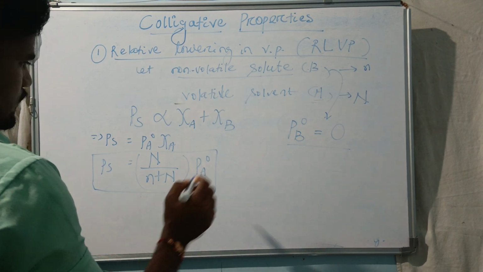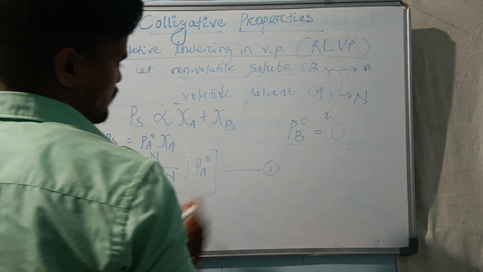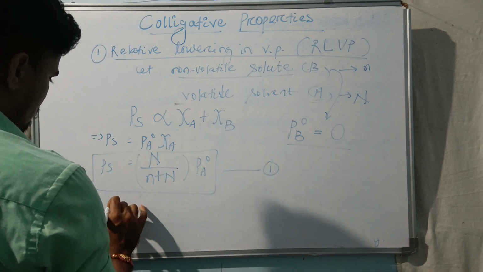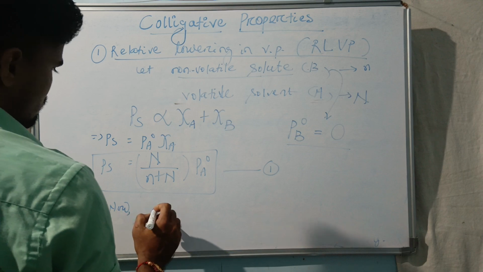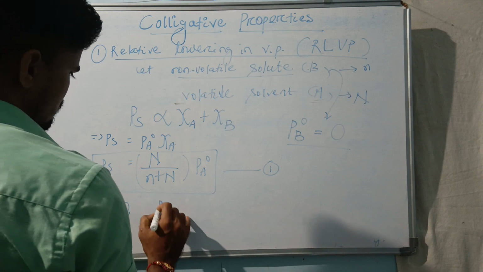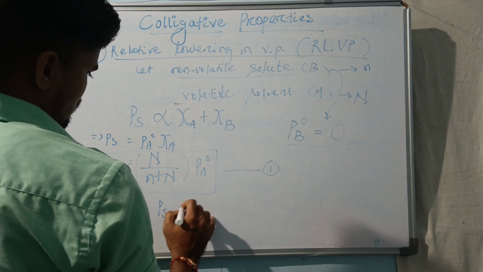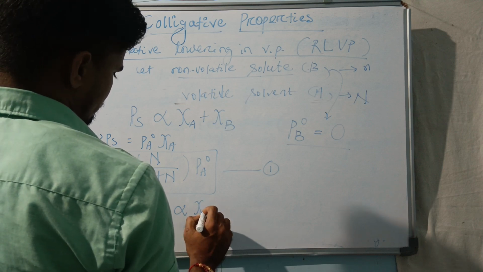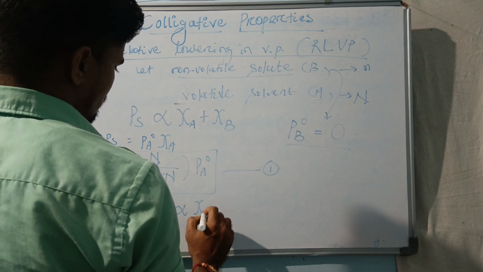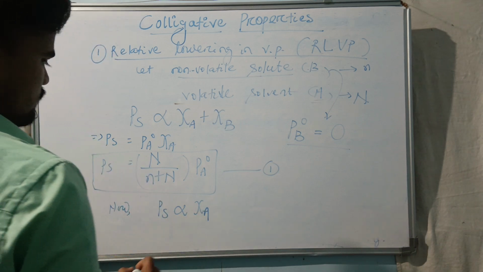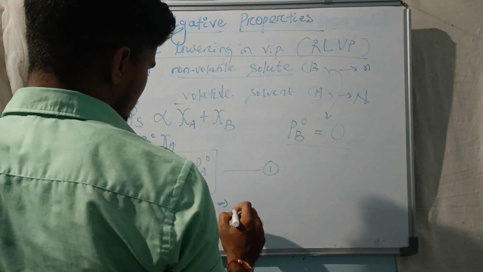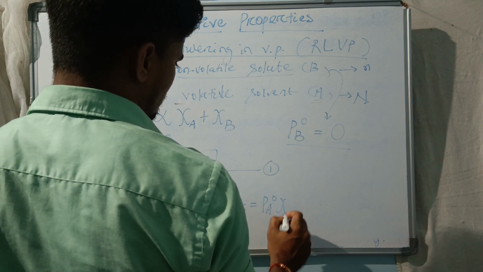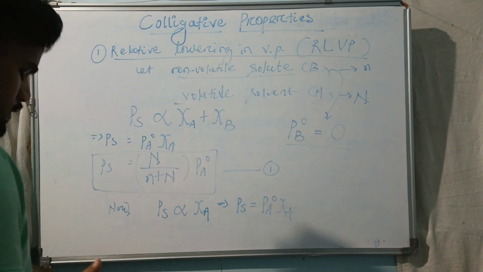Suppose this is equation 1. Now PS is directly proportional to chi A, which implies PS is equal to PA naught chi A, right?